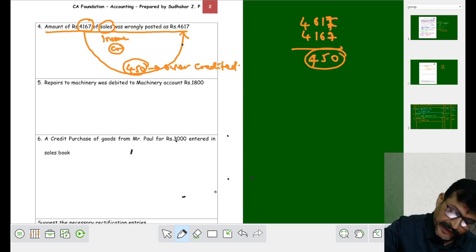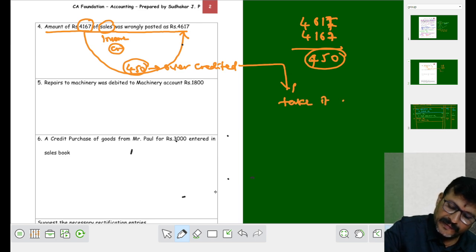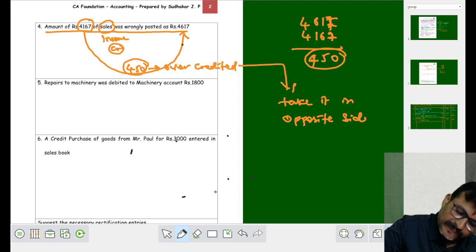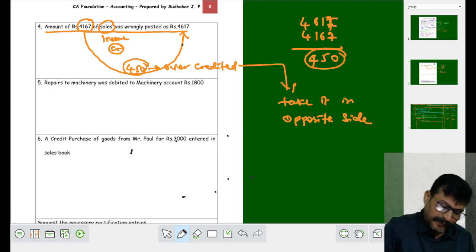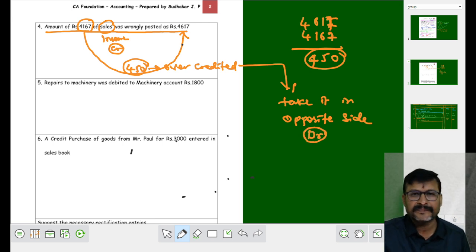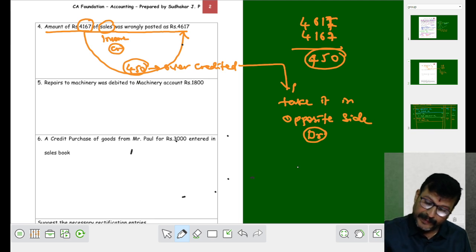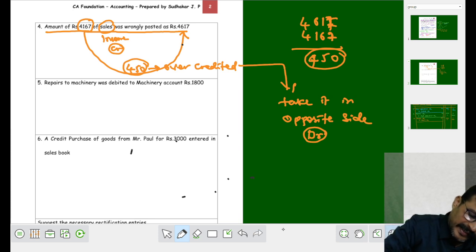When it is over credited, where do we have to take it? We have to take it on the opposite side. Opposite of credit is the debit side. What is to be taken on the debit side? It is sales. Sales is an income.